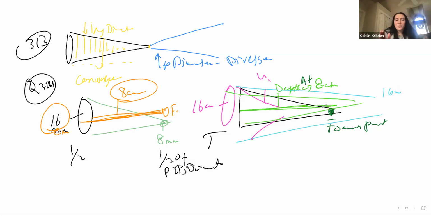But isn't the narrowest point the focal point? Yes, the narrowest point is the focal point, but that's not what they're asking here. That's why, if you miss the phrase "at a depth of," you get it wrong.